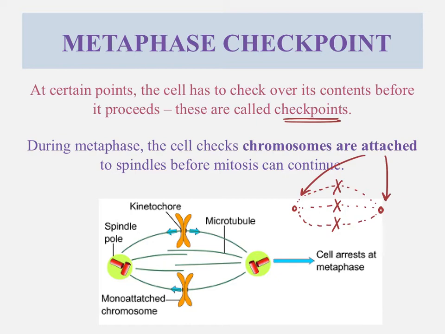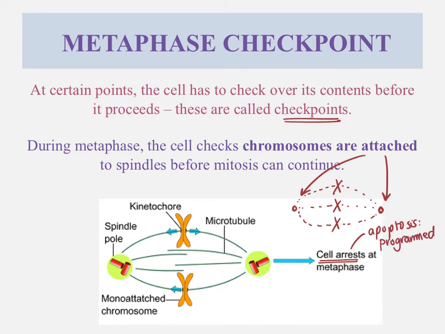Okay, if the cell is not connected to spindle fibres at the centromere that are connected to both poles, then we have something called cell arrest. Okay, the scientific word for cell arrest is apoptosis, and that is a stage of programmed cell death.